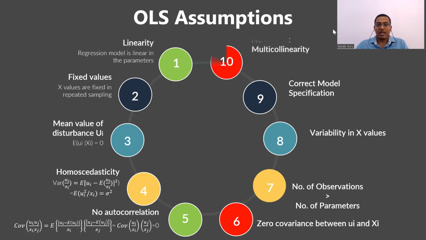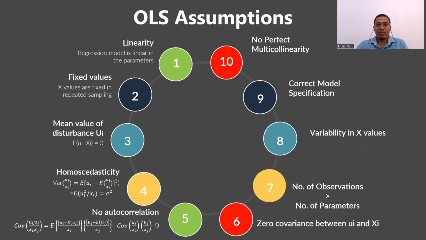Besides, the tenth assumption is the assumption of no perfect multicollinearity, and this is more specifically a phenomenon associated with multiple linear regression analysis, where we have multiple independent variables. The assumption says that if we have multiple independent variables, they should not have a perfect correlation. The correlation between x variables should not be perfect.